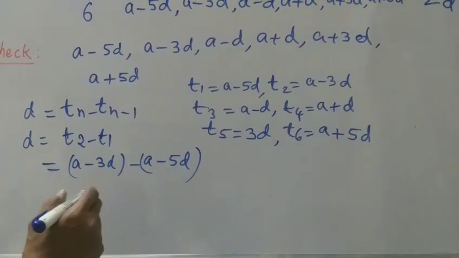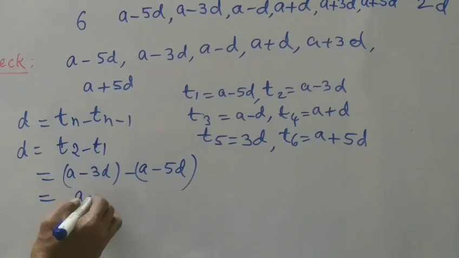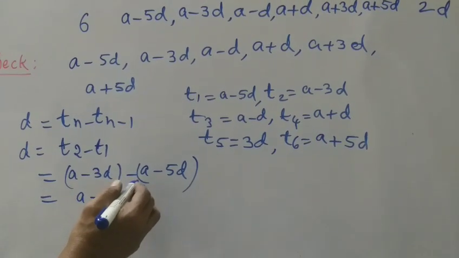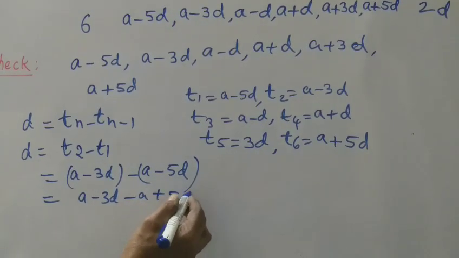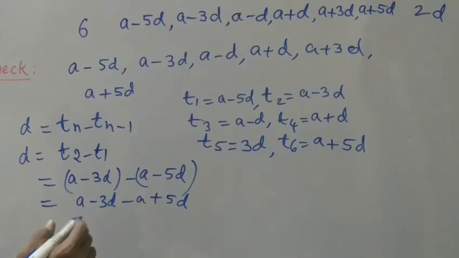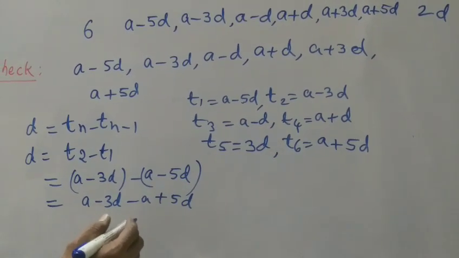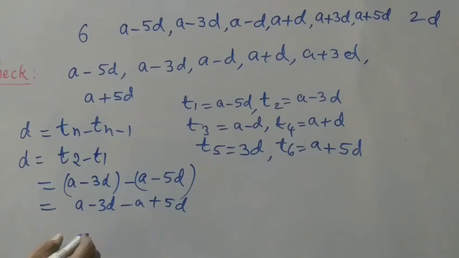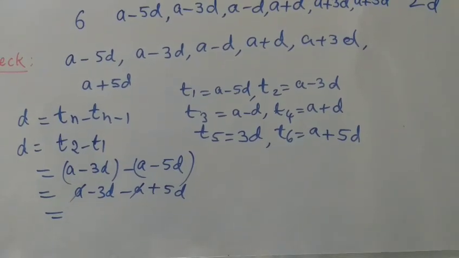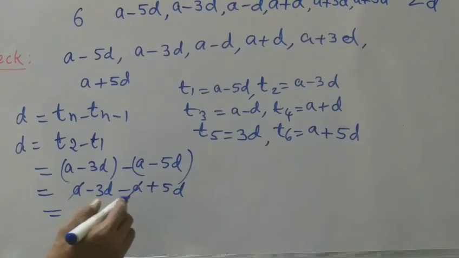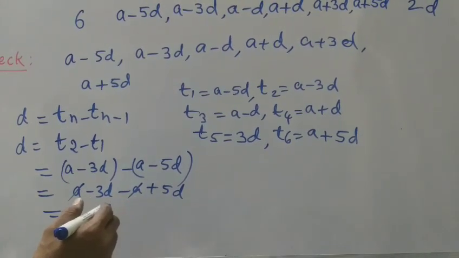Now we have to expand these brackets. A minus 3d minus A plus 5d, just we got. So like terms, plus A minus A, both are cancelled. The leftover terms are minus 3d plus 5d.